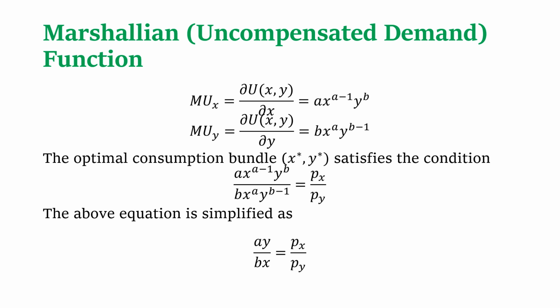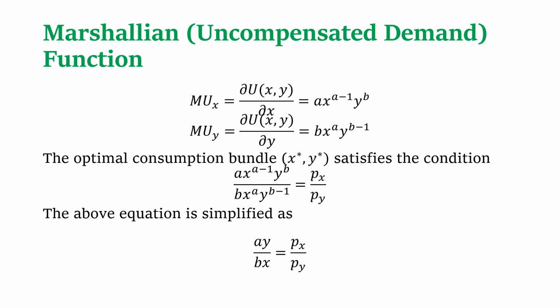If y changes, then the exponent of that variable, which is b, is going to change to b minus 1 because we are subtracting 1 from it. And we just take the exponent of that variable y and multiply by the entire utility function. That gives us b x to the a, y to the b minus 1.